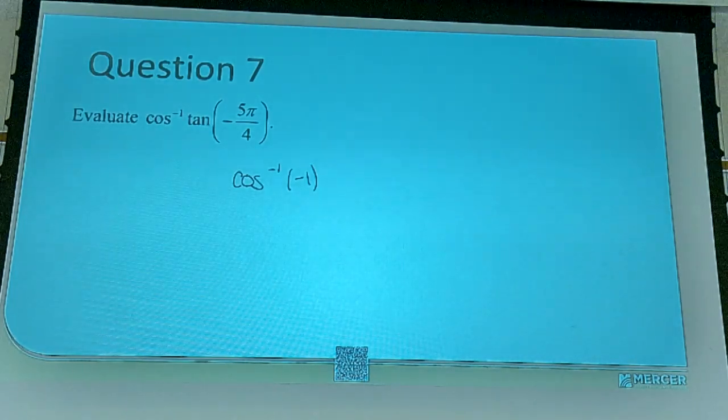Pi over 2. Cosine 0 at 3 pi over 2, and that's also outside of 0 to pi. Pi over 2, again, cosine 0.